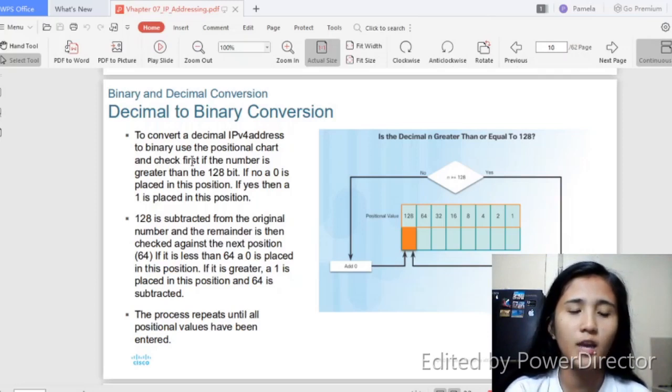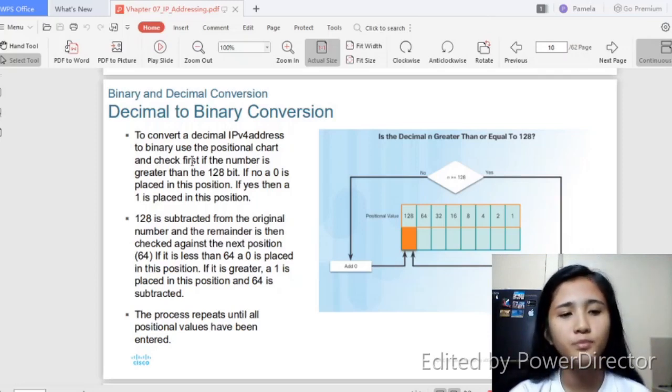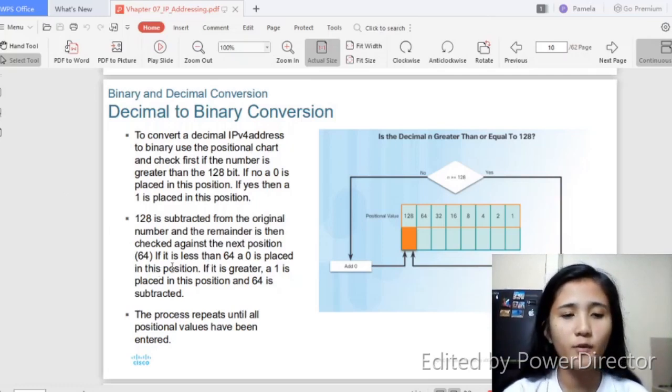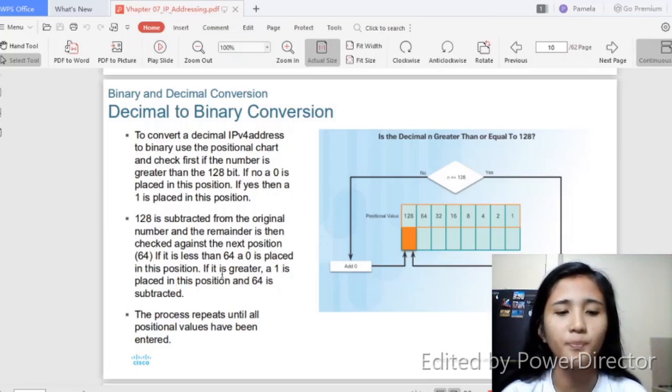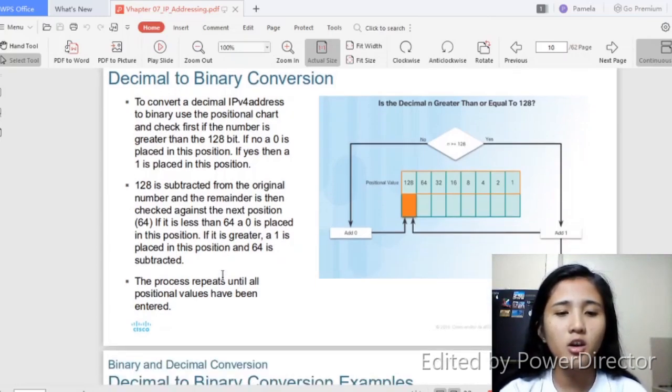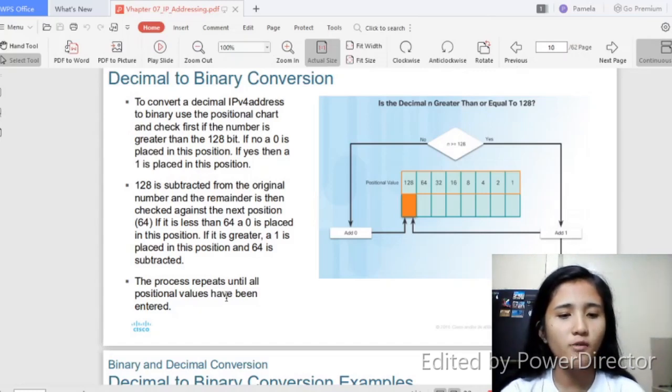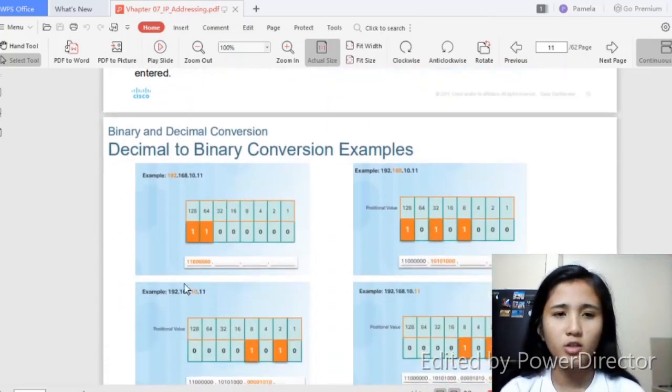If yes, then a 1 is placed in the position. 128 is subtracted from the original number and the remainder is then checked against the position 64. If it is less than 64, a 0 is placed in this position. If it is greater, a 1 is placed in the position and 64 is subtracted. The process repeats until all positional values have been entered. So these are examples of the decimal to binary conversion.